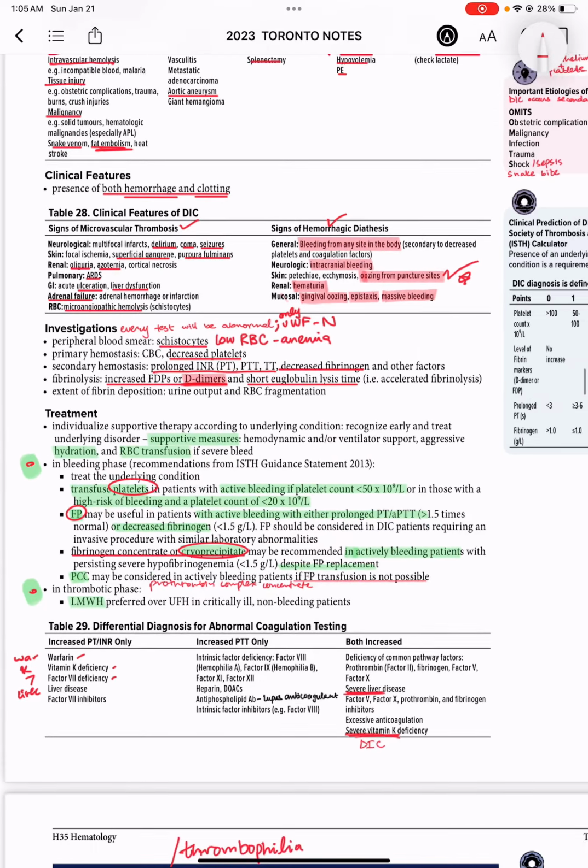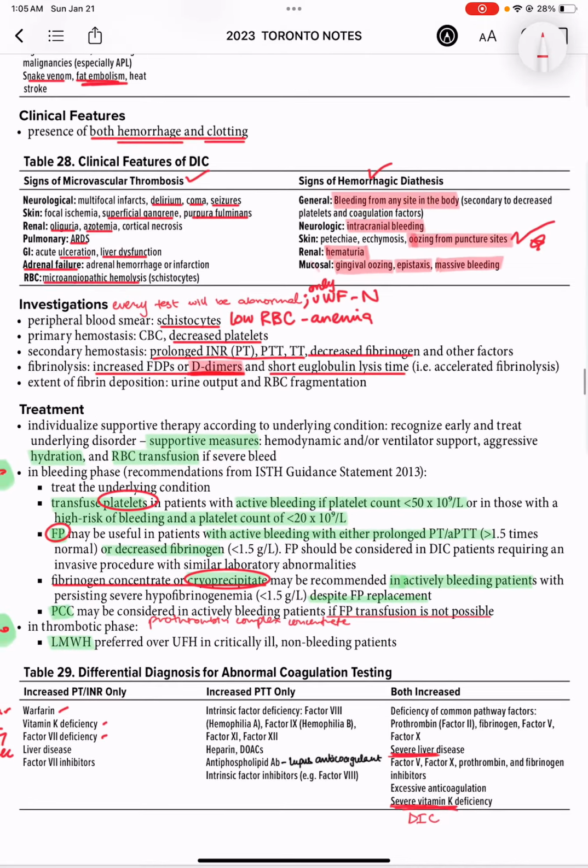So what do you see on the investigations? As everything is low, every test will be abnormal. If we talk about platelets, there would be thrombocytopenia. PT, PTT, INR, all of that will be prolonged. Fibrinogen is the one which gets converted to fibrin, and that would be decreased, because more and more fibrin is being produced.